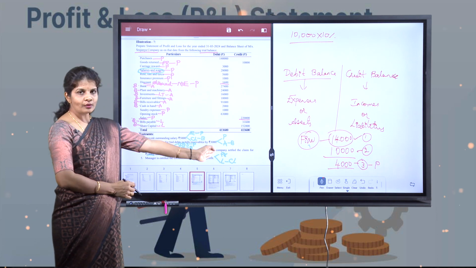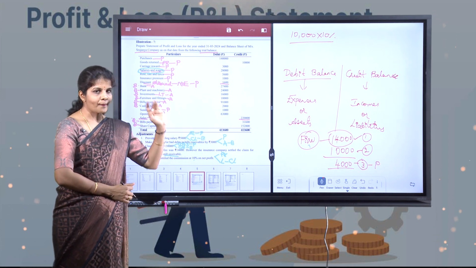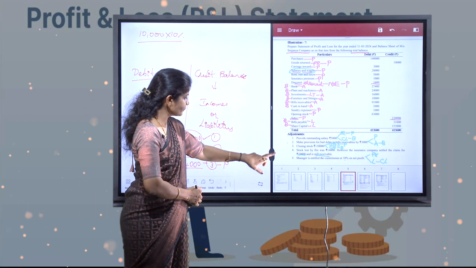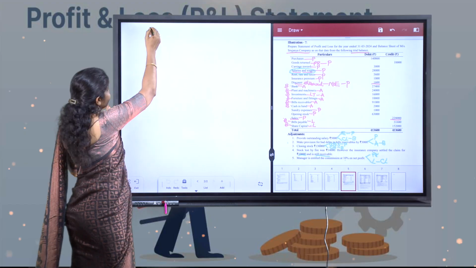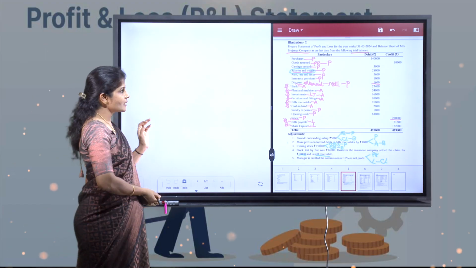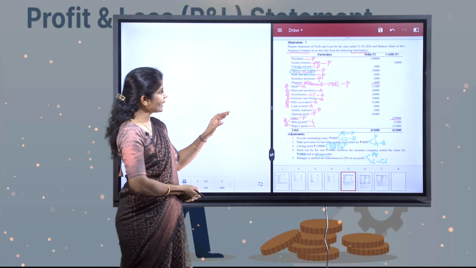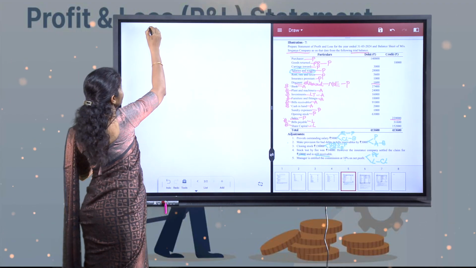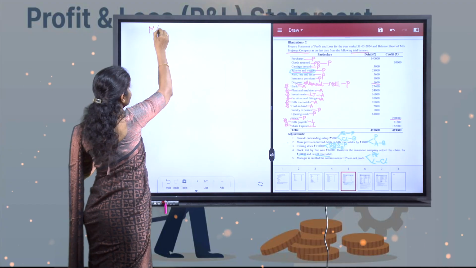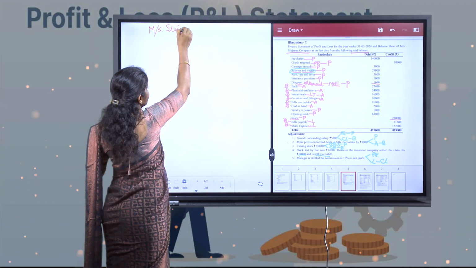Let us do the problem, that means prepare the profit and loss statement and balance sheet. Give a heading, profit and loss statement. Which company's profit and loss statement are we preparing? We are preparing for Srujanya company, correct?